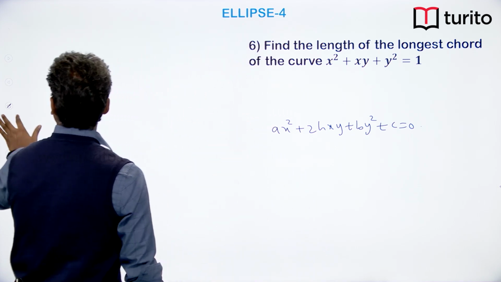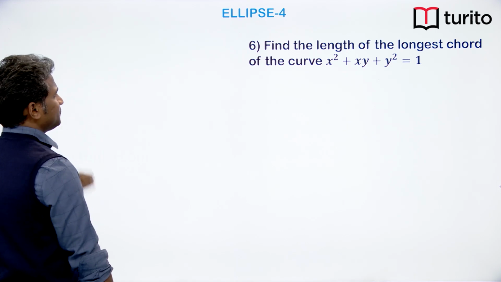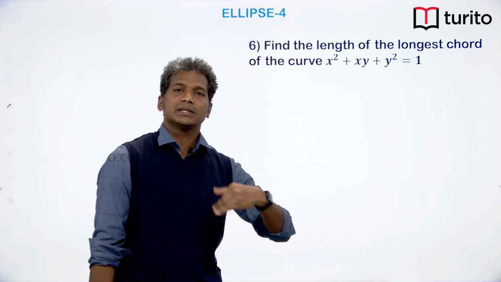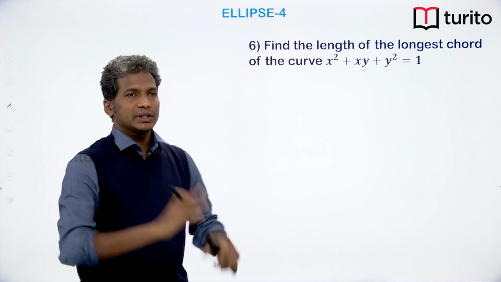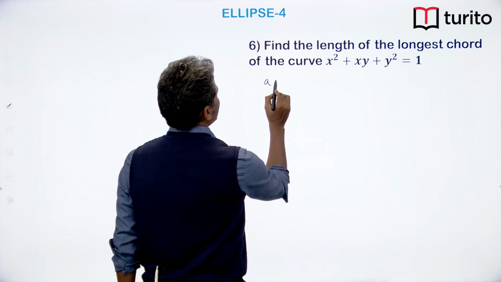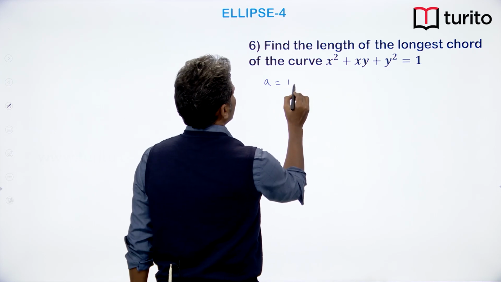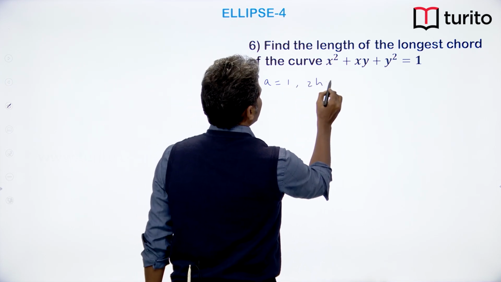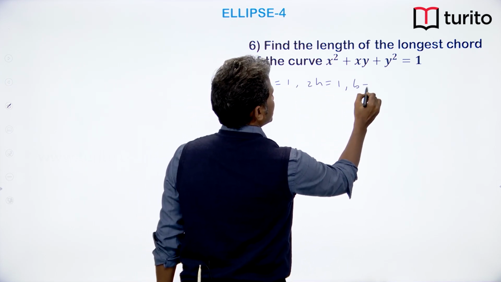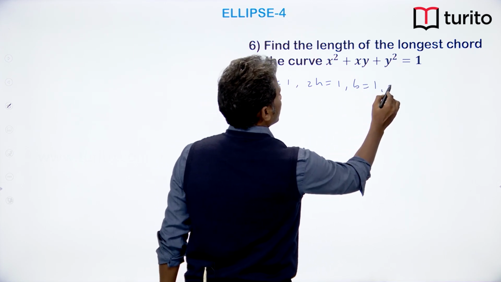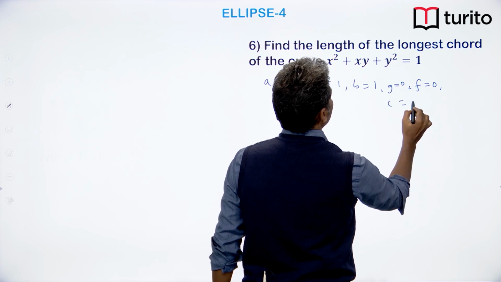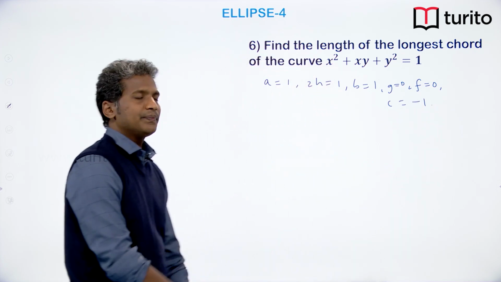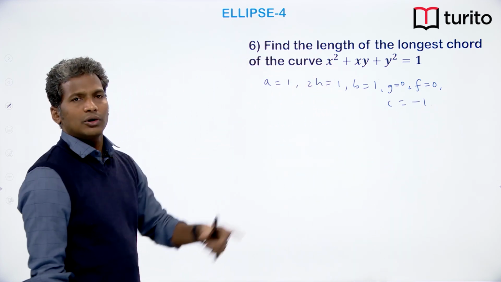But we will solve this assuming that it is not known to be an ellipse or anything. So what is the procedure? Our procedure is first to shortlist a, b, c, all the values. So a is 1 here, 2h is 1, b is 1, g is 0, f is 0 and c is minus 1. Okay. So now we have all of them.